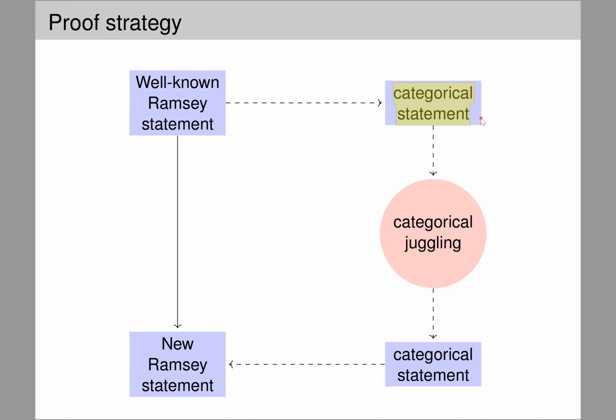So we take a well-known Ramsey statement, turn it into a categorical statement, then perform some categorical juggling, end up with a new categorical statement, which then can be reinterpreted as the new Ramsey statement. And this proof strategy will be applied to show both of the results that I mentioned a few moments ago.